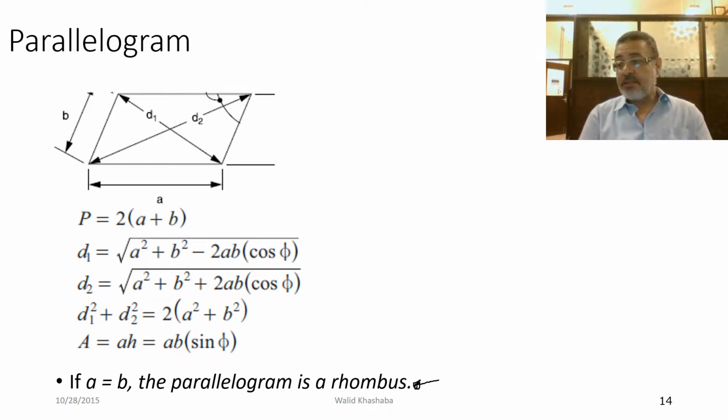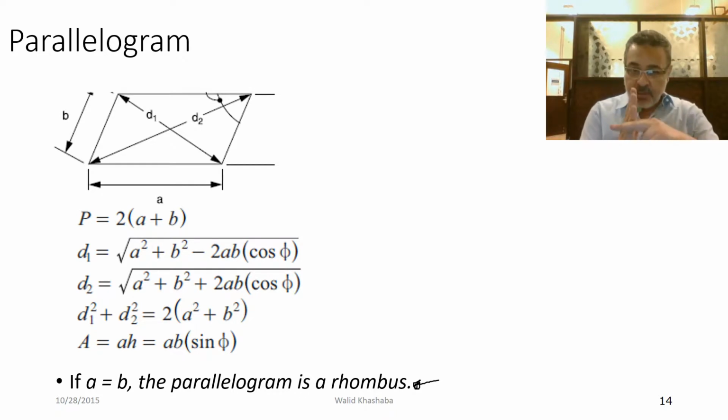It could be a rhombus or a square. To know whether the figure is a square or a rhombus, we have to know whether the diagonals are equal or not.